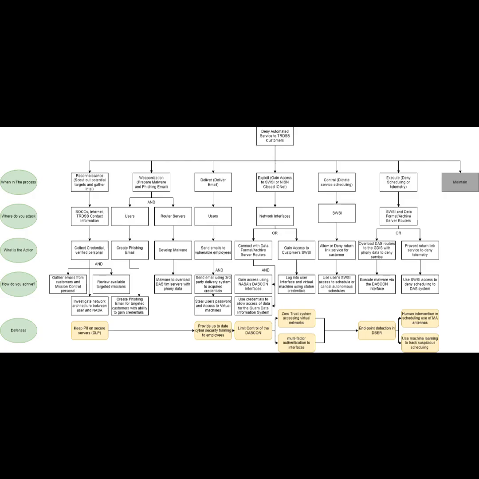So via the attack tree, you can see there's basically two ways that the DAS is vulnerable, and there's basically two ways to deny service to the user. The first being if malicious actors were able to attain user credentials to virtual machines, they can use that to access the SWSI, which is the Space Network Web Service interface, and they can use that to control the user's return link service.